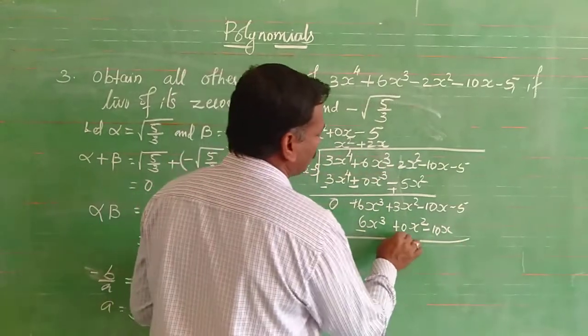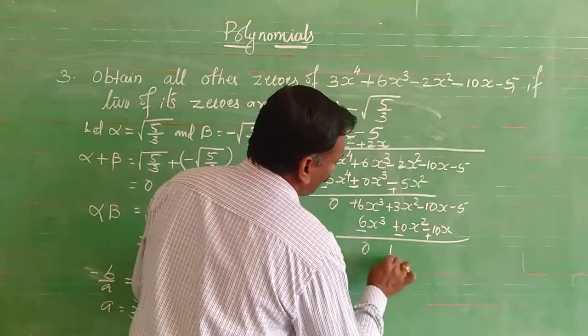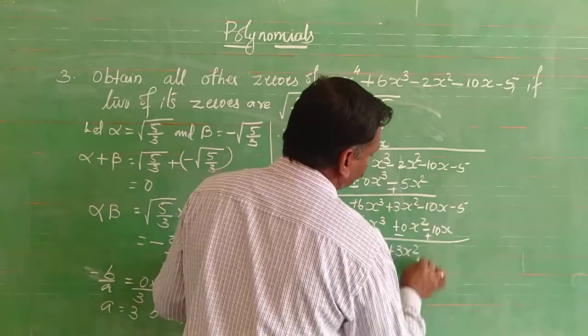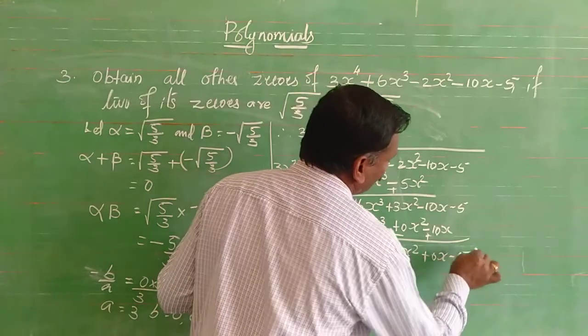Sign will change, minus and plus. From 0 plus 3x squared plus 0x minus 5.